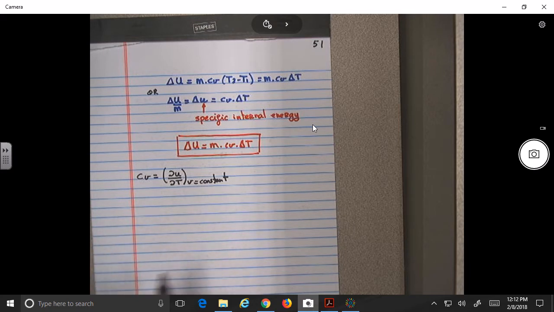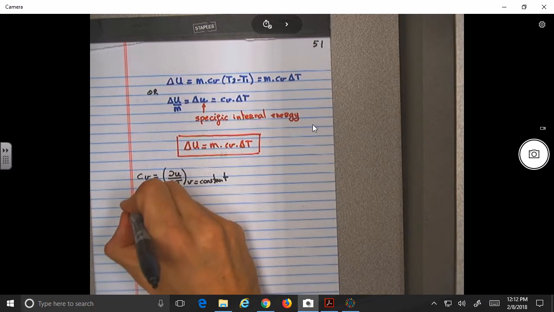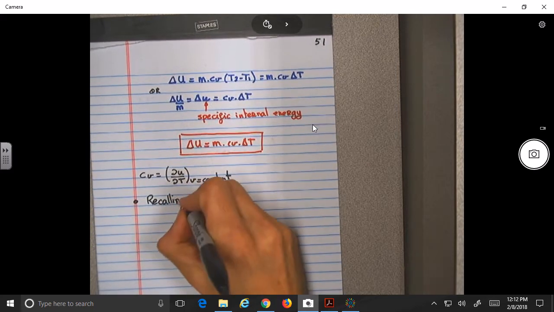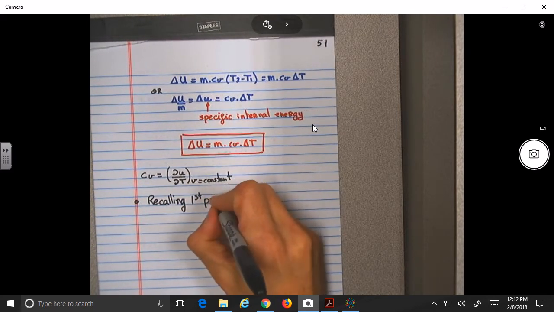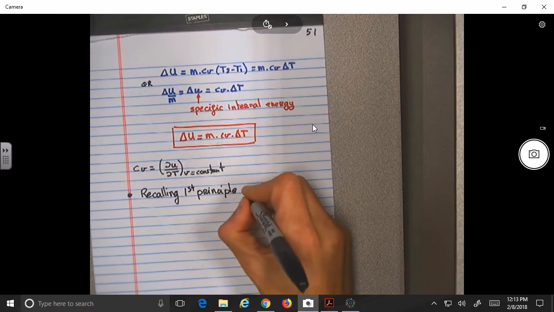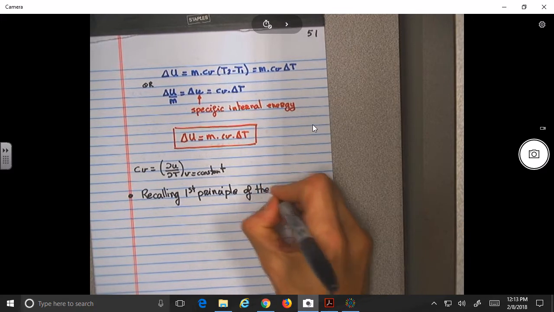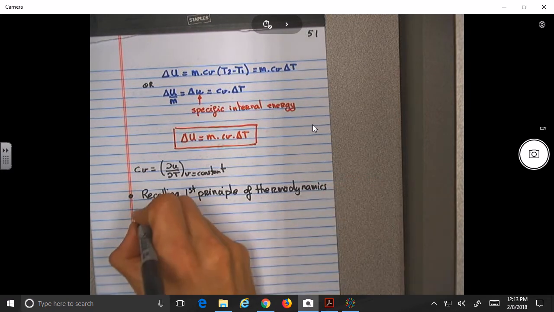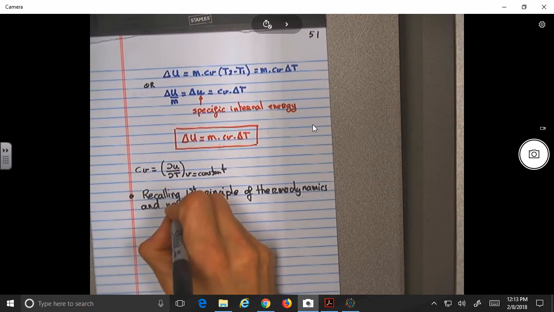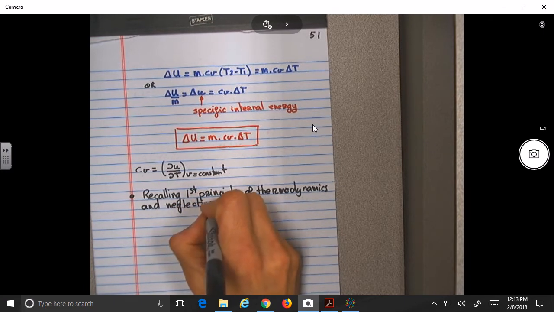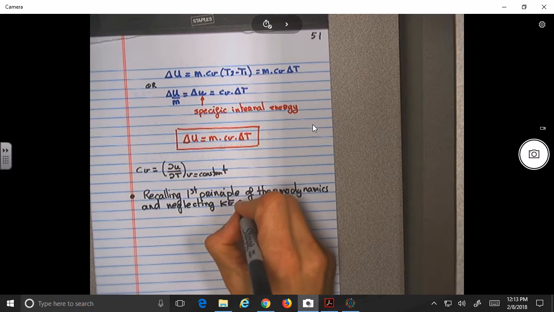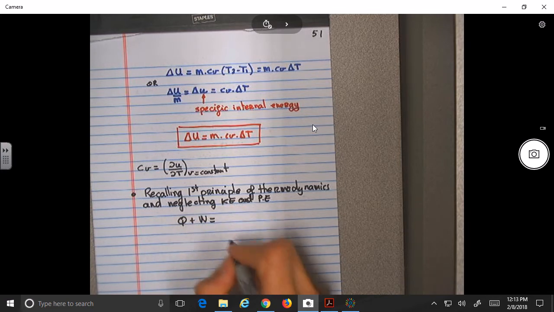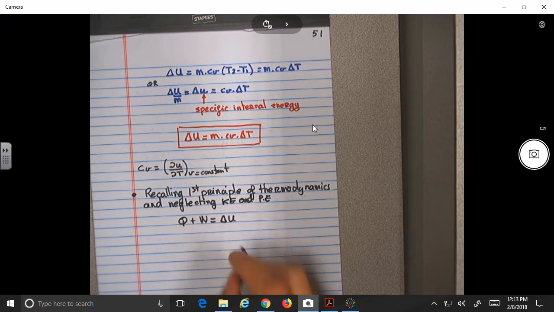Let's restart again from zero. Recalling the first principle of thermodynamics, and neglecting kinetic energy and potential energy, we have Q plus work equal to the change in internal energy.